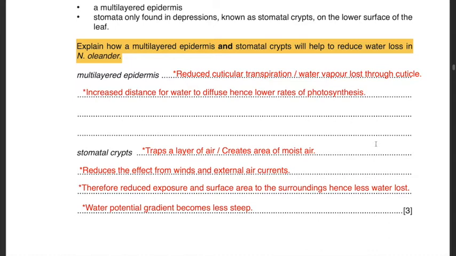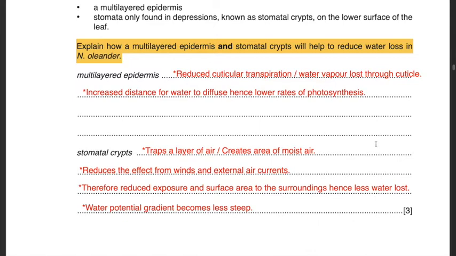Again, multi-layered epidermis. By the mention of the word multi-layered, you get the idea that there is an increased distance for water to diffuse from. Hence there will be lower rates of photosynthesis because increased distances leads to lower rates of diffusion. Lower rates of diffusion means less water vapor escapes the plant.